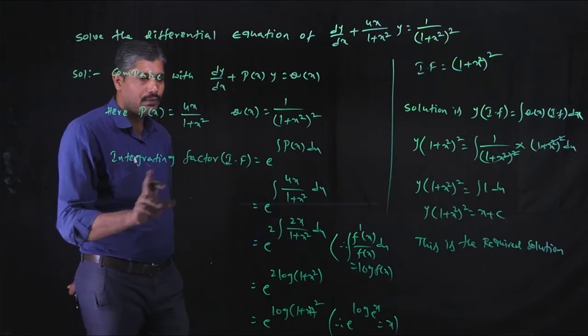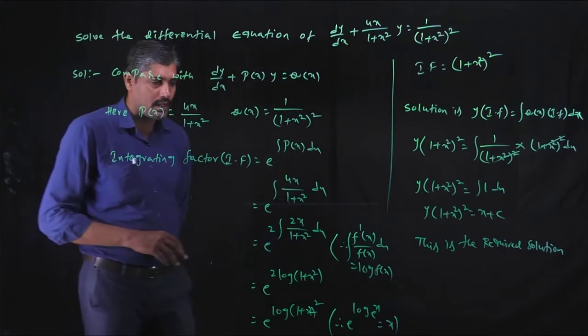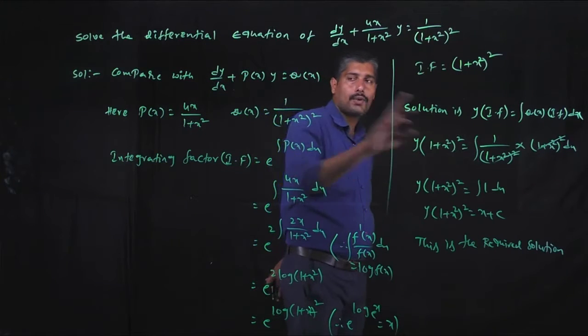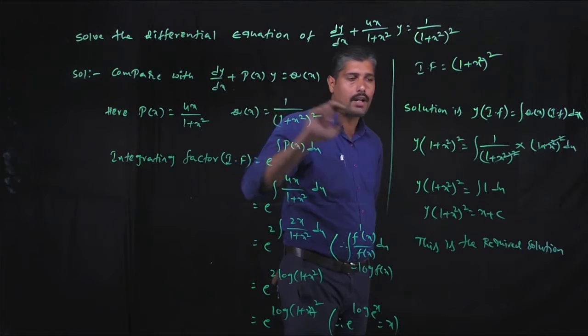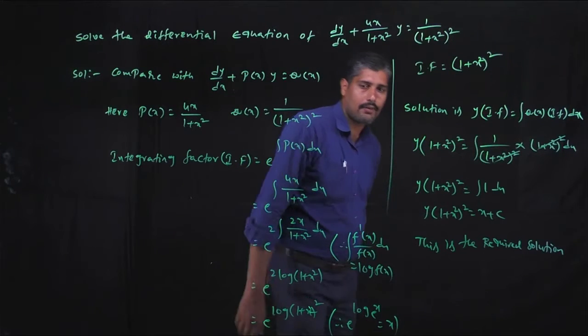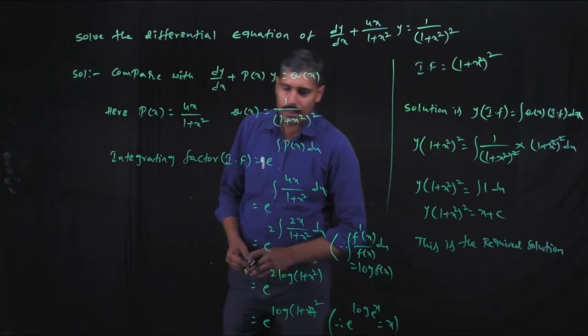First to find out the integrating factor, that is e power integral p of x dx, right? Then after solution is y into integrating factor equal to integral q of x into integrating factor dx, right? Like that we are solving the differential equation.